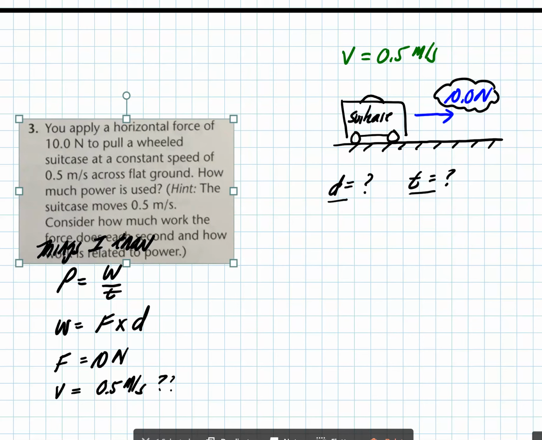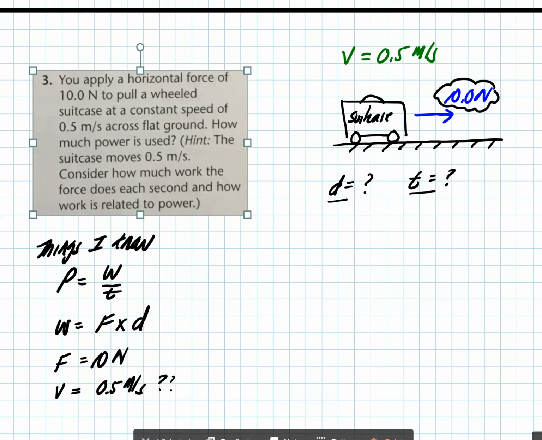Whoops, that's not what I want to do. Let's do it this way. Consider the hint. And the hint is, basically, how far does this thing go in 1 second? So let's make t equal to 1 second.